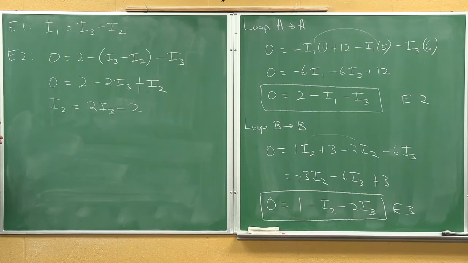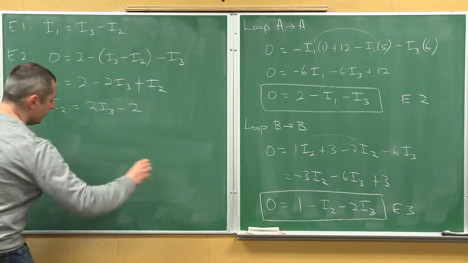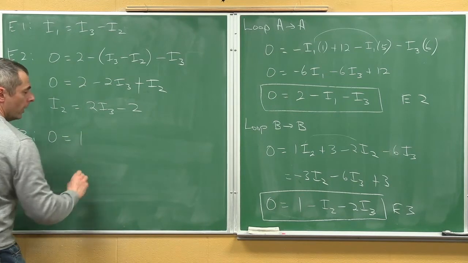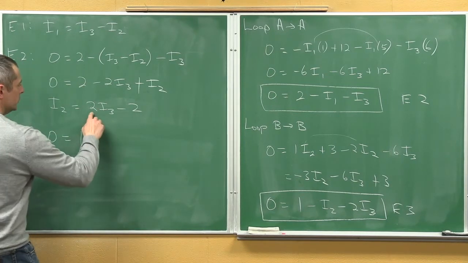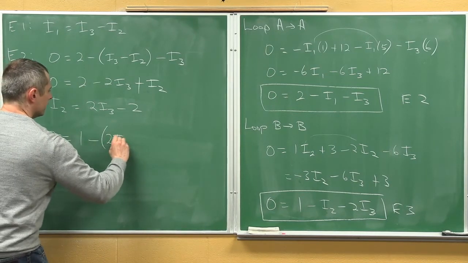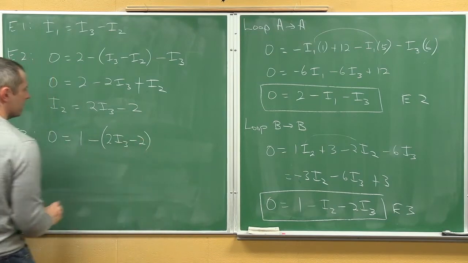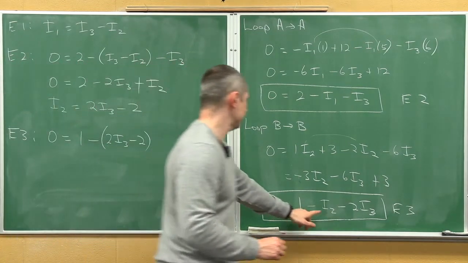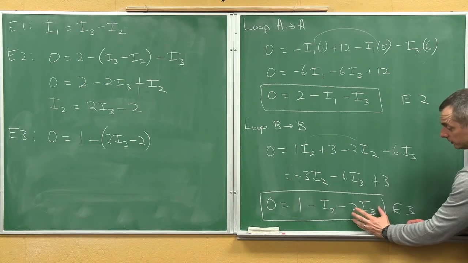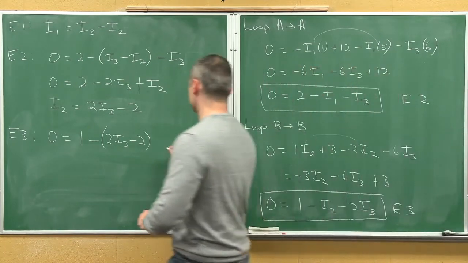All right, that's I2, which goes into equation 3. So now equation 3 becomes 1 minus I2, which is this. Okay, that's I2. And then we still have this minus 2I3 over here.